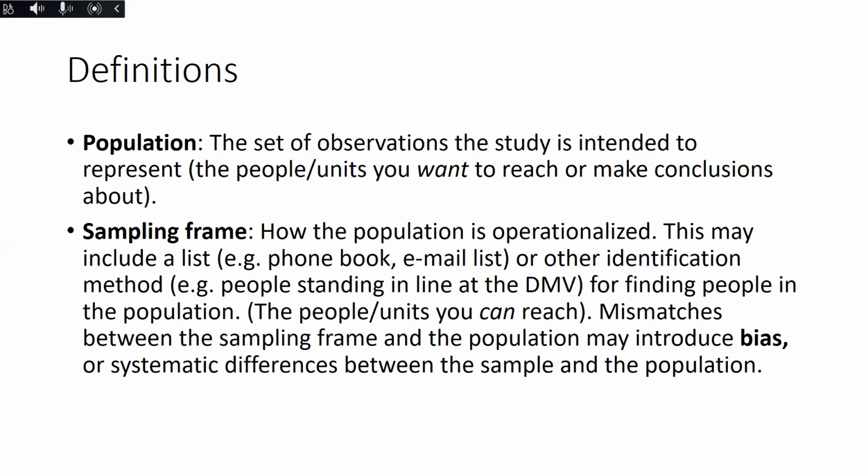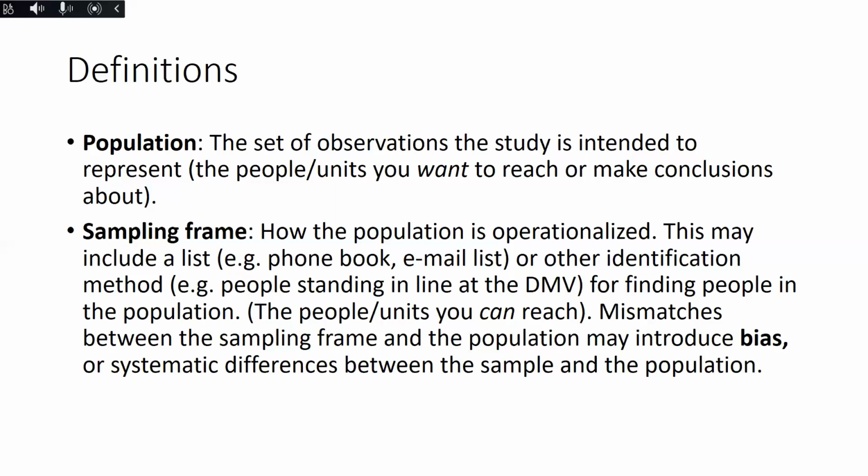Mismatches between the sampling frame and the population can introduce bias. So for example, if I go to an expensive grocery store and I think that that's going to capture the majority of my population, I'm for sure going to be missing anyone who shops maybe at a discount grocery store, or populations that maybe don't shop at an ordinary grocery store, but maybe prefer places that have ethnic foods, that sort of thing.